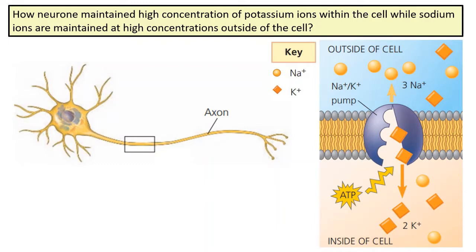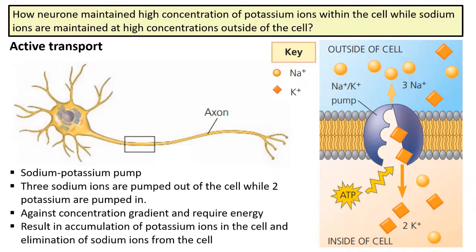Next, how do neurons maintain high concentration of potassium ions within the cell, while sodium ions are maintained at high concentration outside of the cell? The answer, of course, is active transport. The example of the active transport here is sodium-potassium pump. 3 sodium ions will be pumped out, and 2 potassium ions will be pumped in.